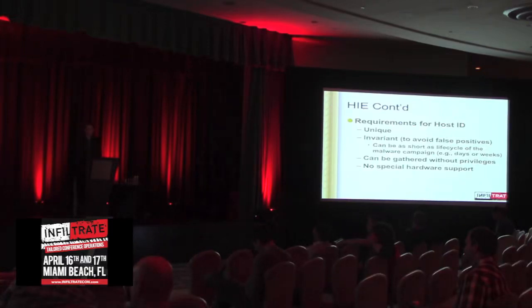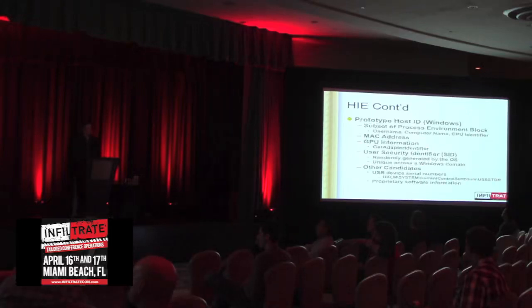It can be as short as a few days or weeks. Unlike traditional DRM, we can't assume that we're going to have privilege on the host that we're gathering information from, and we also can't assume that we have special hardware, for example, that can perform attestation outside of the environment.